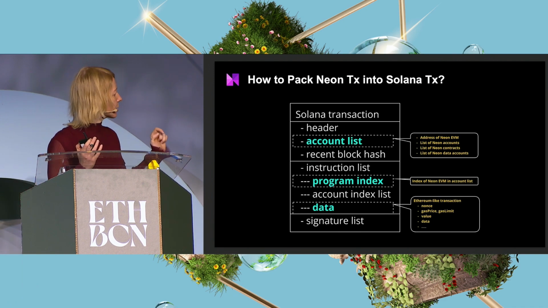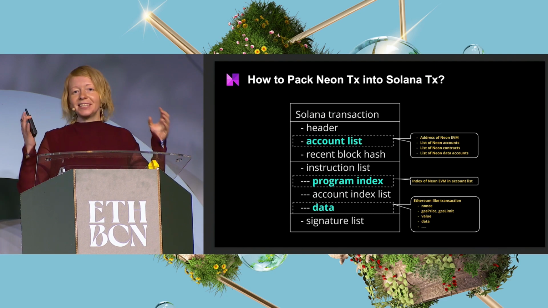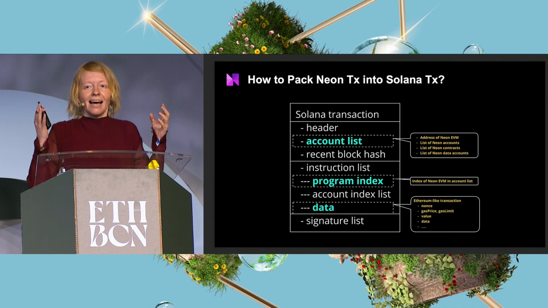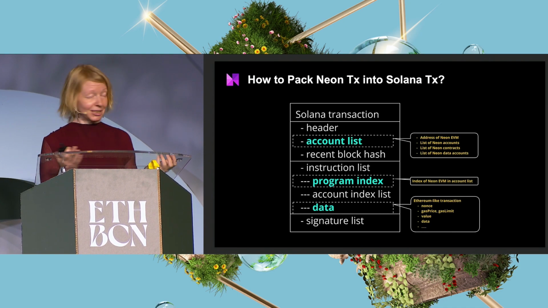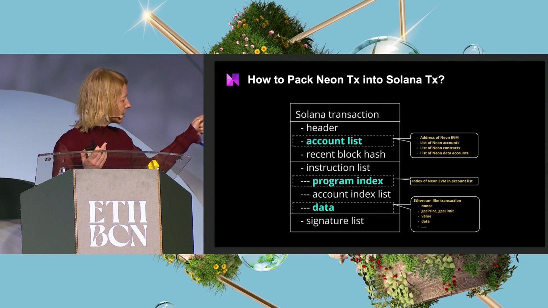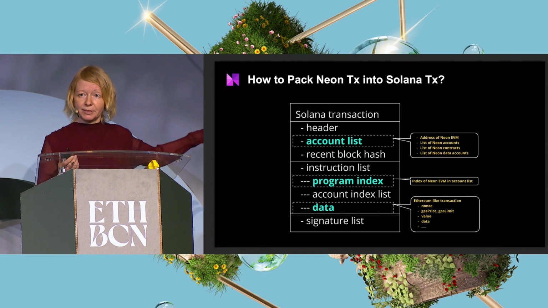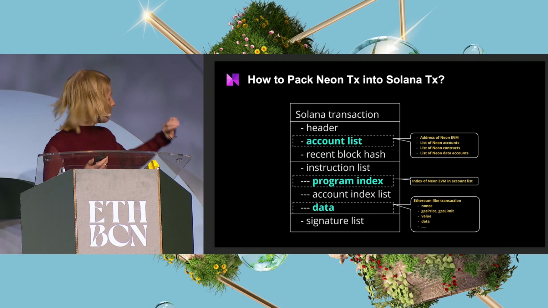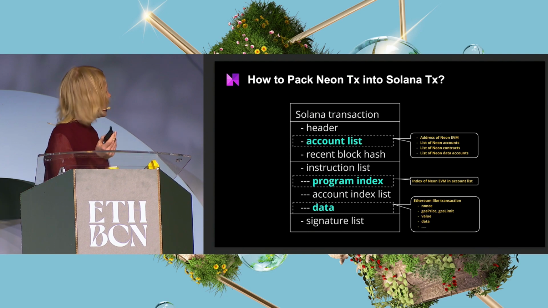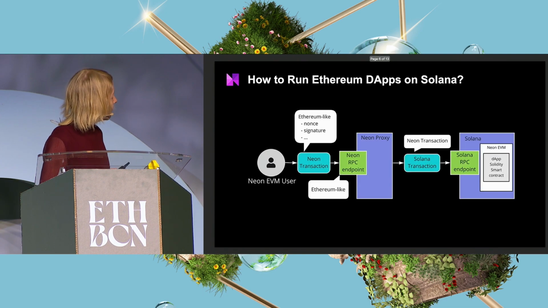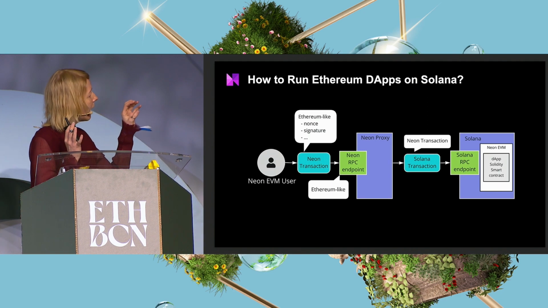And this is important, crucial. And within the data field, we put all the information relevant to the Ethereum-like transaction: nonce, gas price, gas limit, everything else. They are put within this particular field within the Solana transaction that we form.